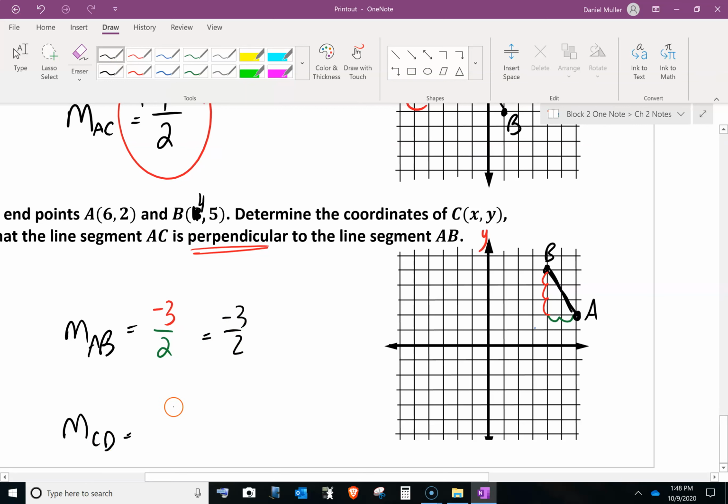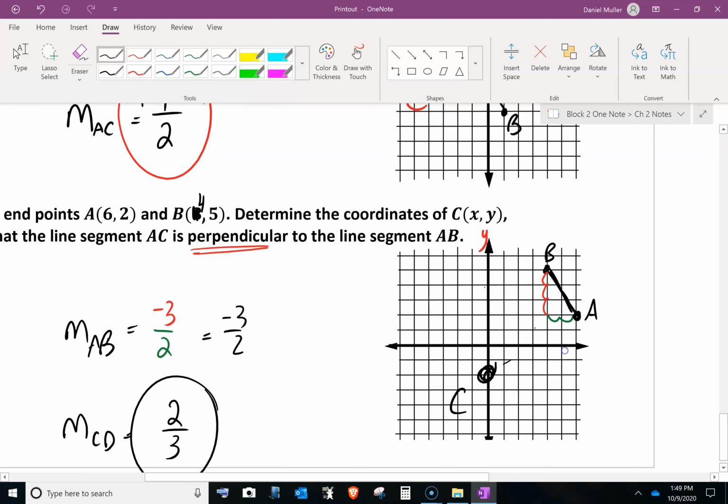For my other one, I'll flip the fraction and make sure it's a positive, which it is. So I know my slope needs to be between A and wherever this point is. Maybe my point is somewhere right there. Whatever this is, maybe this is C, it needs to have a slope of 2/3.